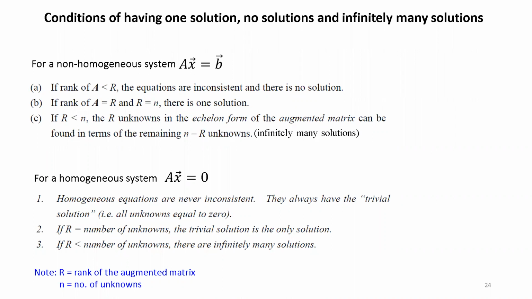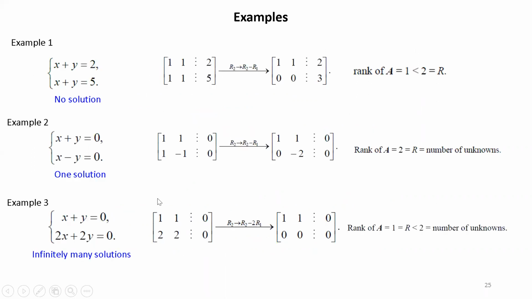So if the rank of A is less than the rank of the augmented matrix, then the equations are inconsistent and there's no solution. So I believe that these are the basic properties that you have also learned before. So then I'll just leave it for yourself, these three statements. But here instead, I'll just illustrate them by using examples.